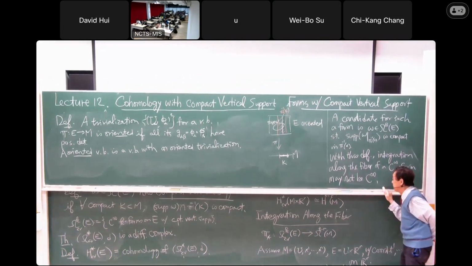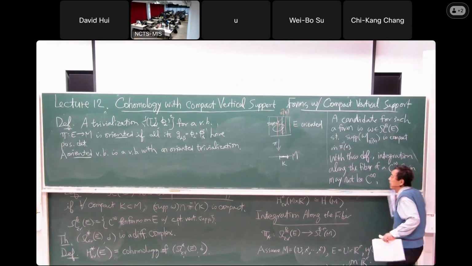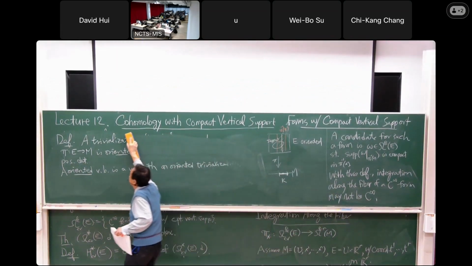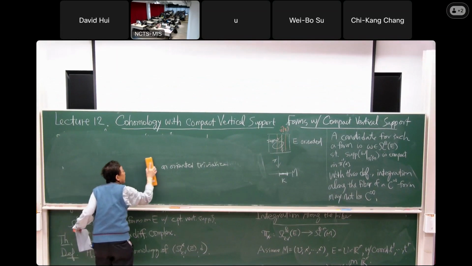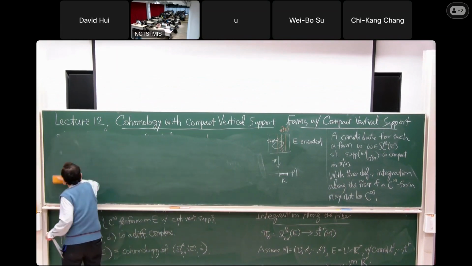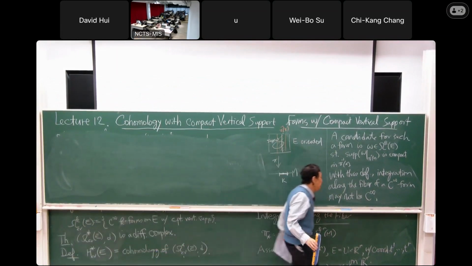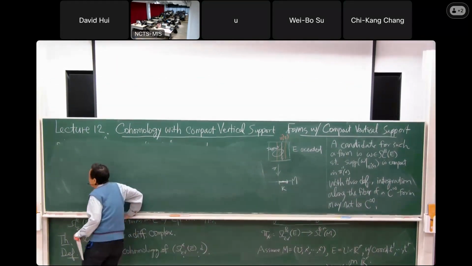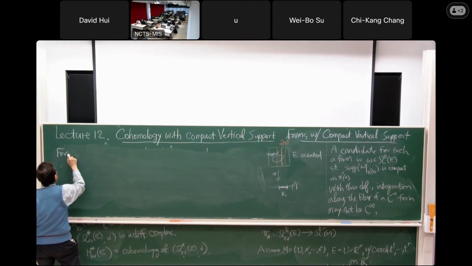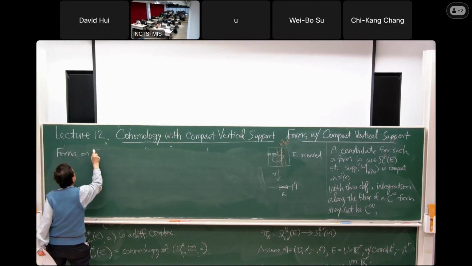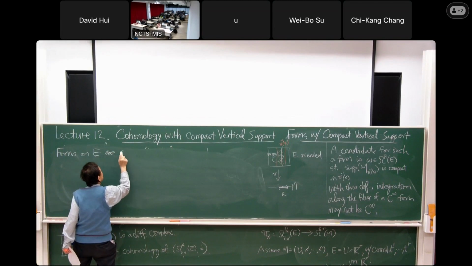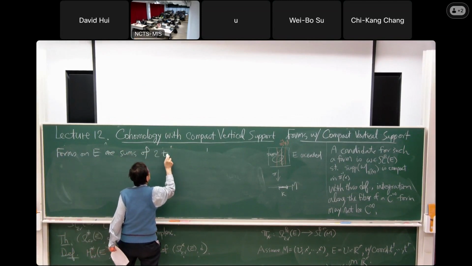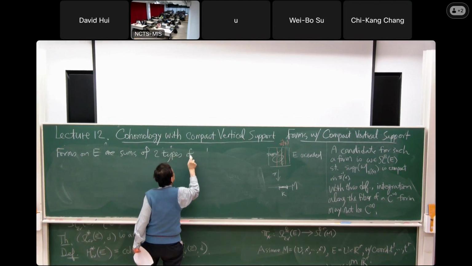And then again, there are two types of forms, type 1 and type 2. Forms on E are sums of two types of forms.